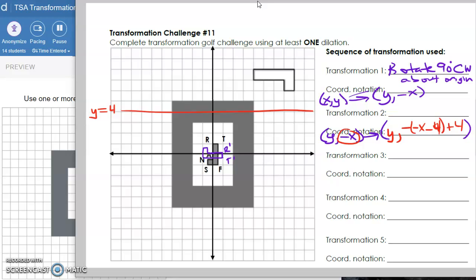I'm going to do a little simplification of this before I move on because I don't want to have to put all of that as it is into the next one. So to simplify, oh, by the way, this was a reflect across y equals 4. Okay, so I'm going to simplify this. Negative x minus 4. If I distribute that negative, I get x plus 4 and then plus 4.